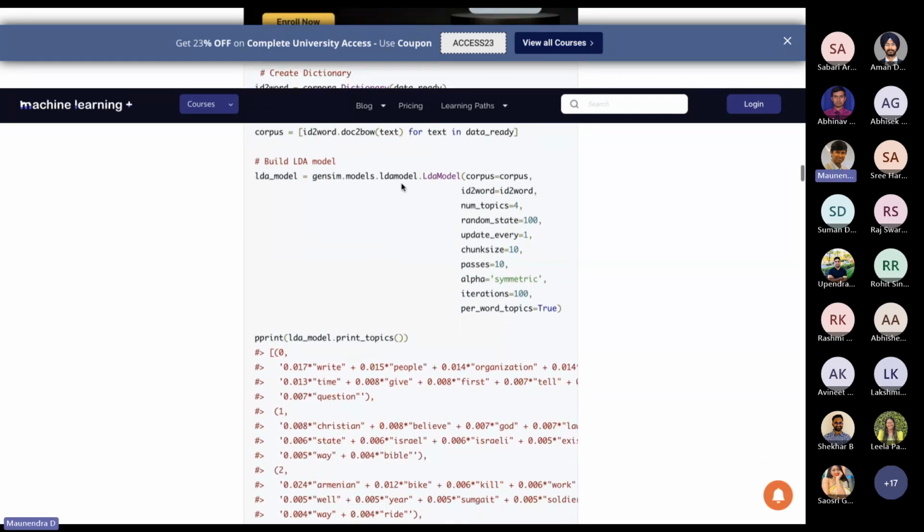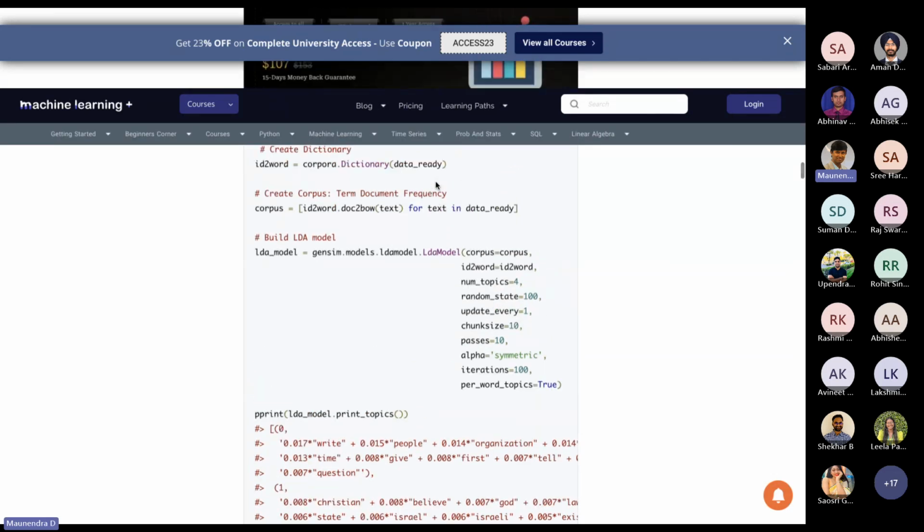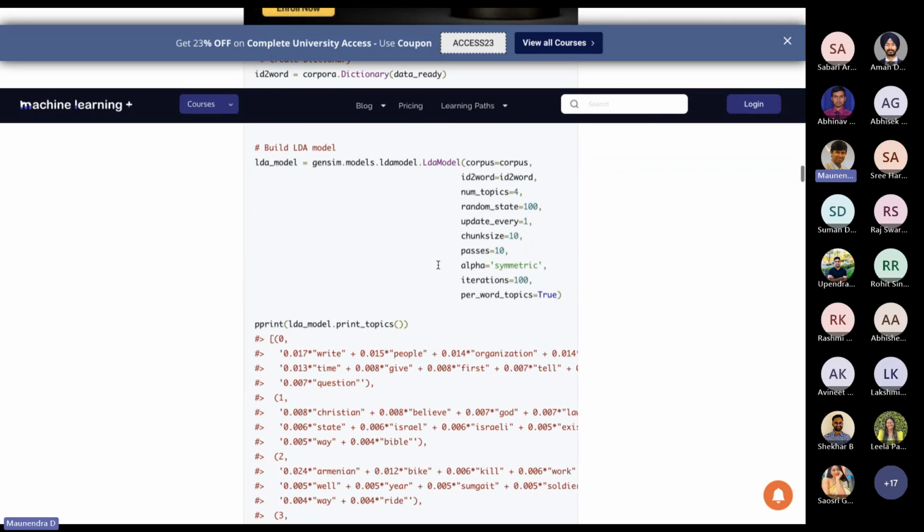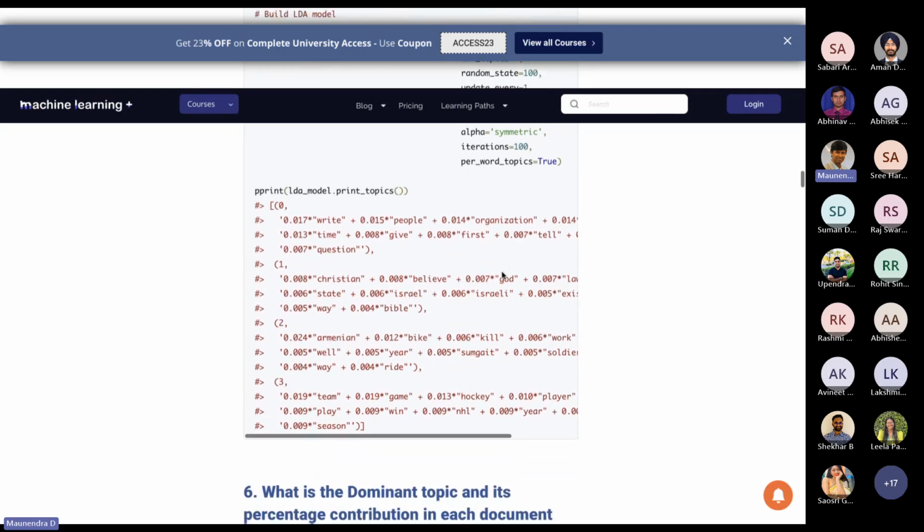For the LDA model, you have to provide the corpus and the ID to word mapping, which creates a dictionary to give an index for each word, because we finally have the matrices, right? Word by topic, and topic by document. For each word, what the index is needs to be strictly maintained. Then the number of topics, some randomization state, and some other things.